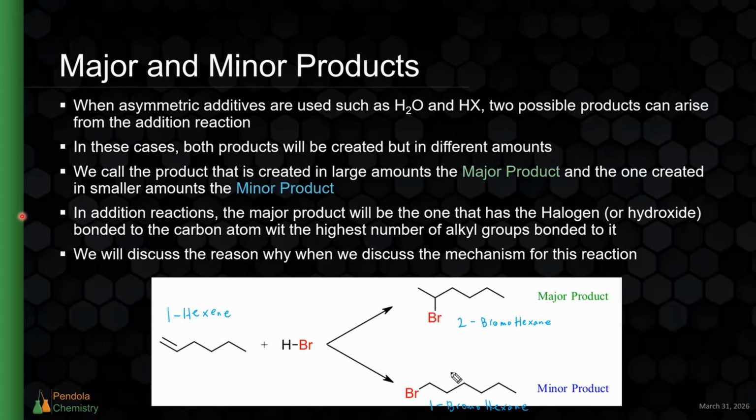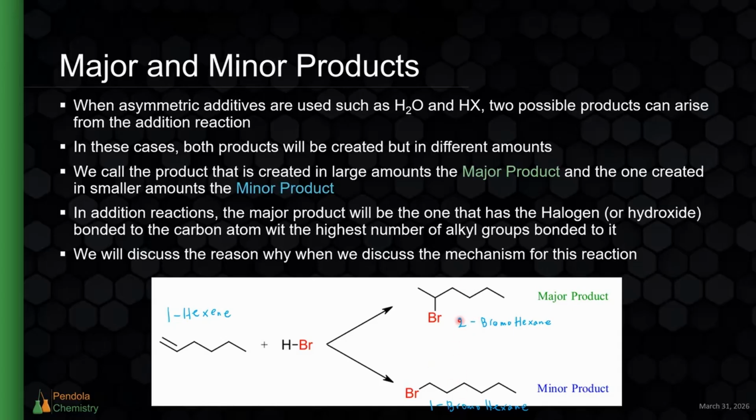So which one does get made? And the reality is that with a lot of these organic reactions, it's not that we get one or the other. The reaction creates both of these products at the same time.